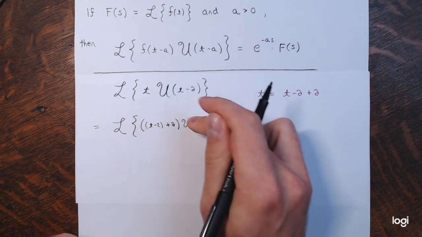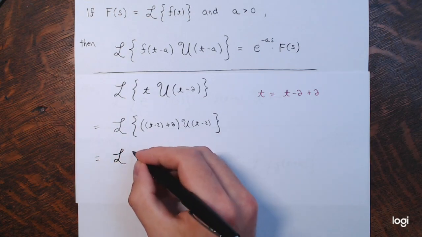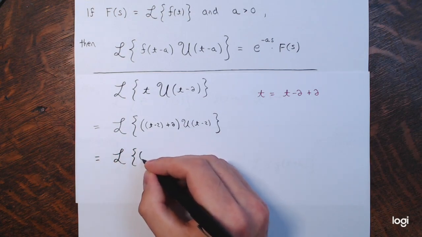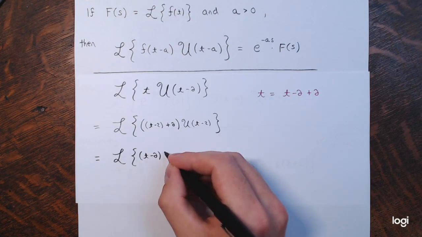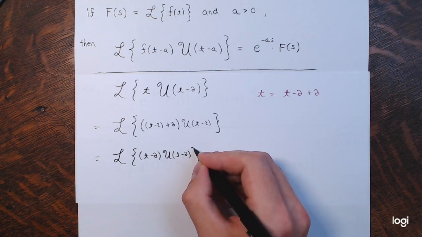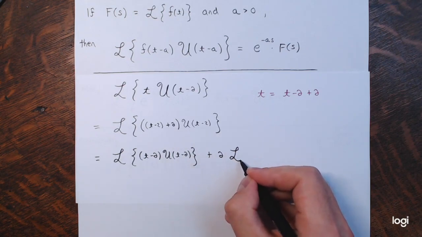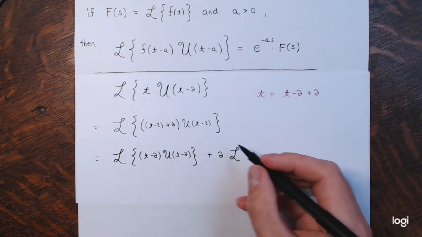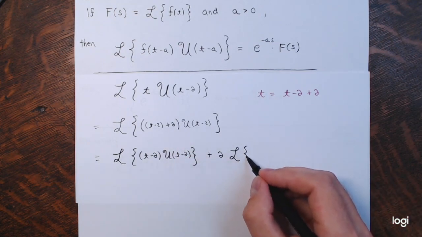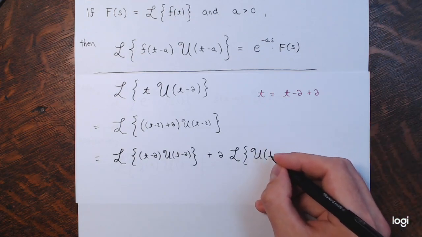Then I distribute that unit step function, and we have the following. The Laplace transform of t minus 2 times the unit step function at t minus 2. Okay, and then plus 2 times, using the linearity property of Laplace transforms, 2 times the Laplace transform of 1 times the unit step function at t minus 2.